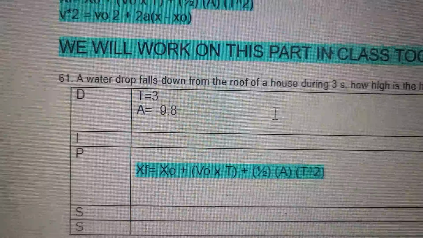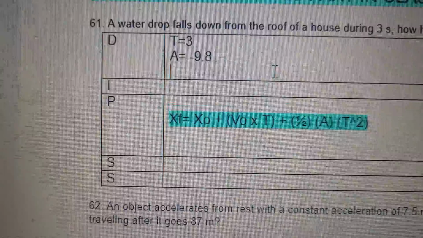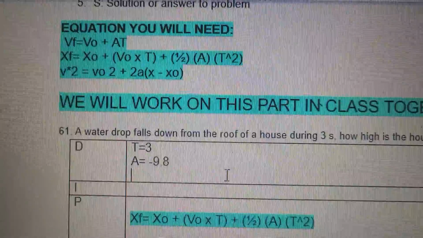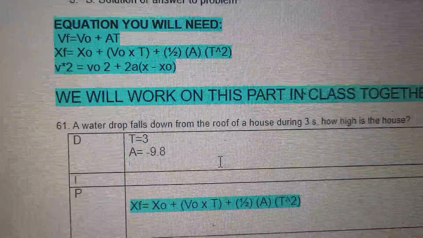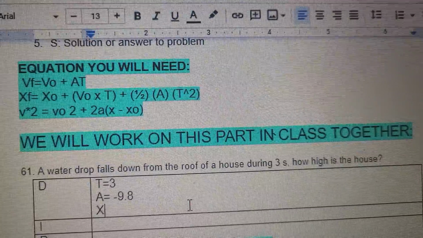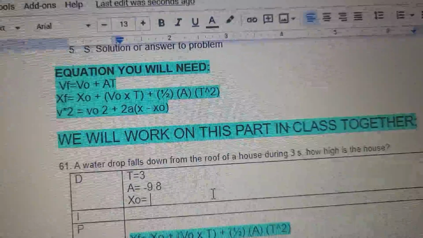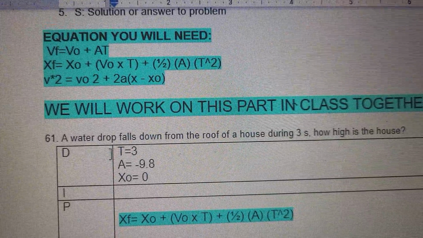What other facts do we know? Look at the variables given to you. Do we know VO? Do we know XO? No, we don't know VO or XO. Are you sure? We know XO. Okay, what's XO? 0. Why do you say XO is 0? Because it's starting at rest.